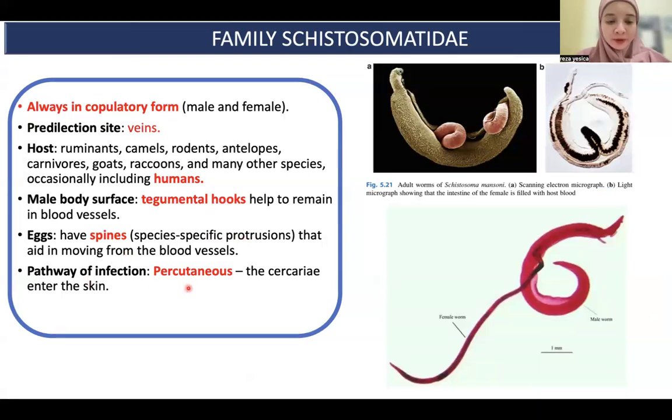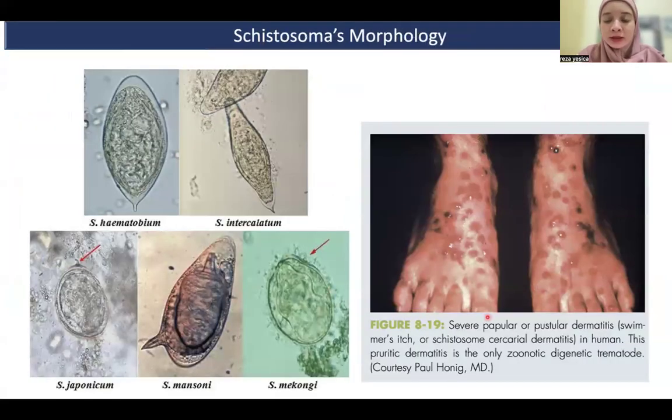The pathway of infection is percutaneous, so the cercaria will enter the skin. They don't have a metacercarial stage. This is the condition if humans are infected by schistosomula from the cercaria stage.